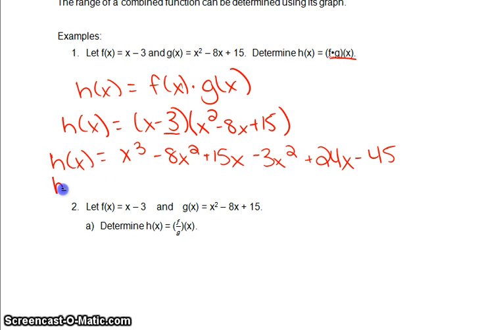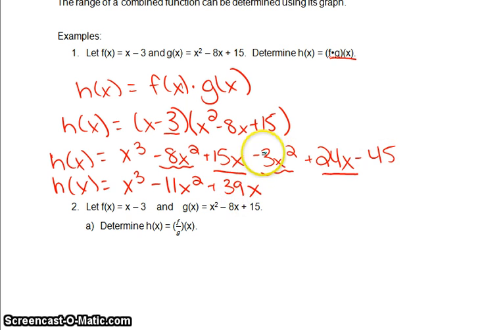Then combining like terms, we have h of x is equal to x cubed, then negative 8x squared and negative 3x squared, that is negative 11x squared. We have 15x plus 24x, that is plus 39x. And then we have negative 45 there by himself, poor lonely little guy.